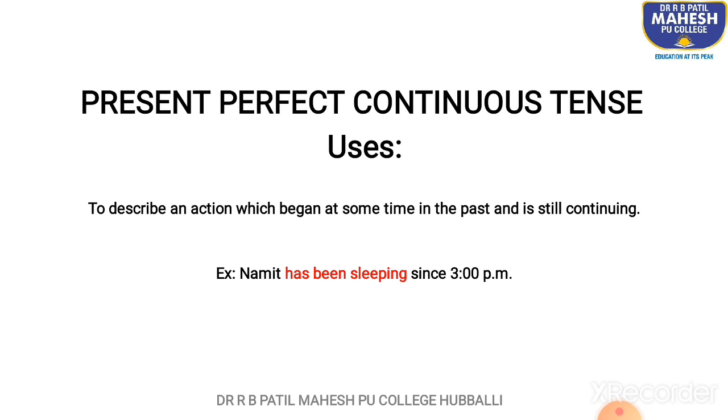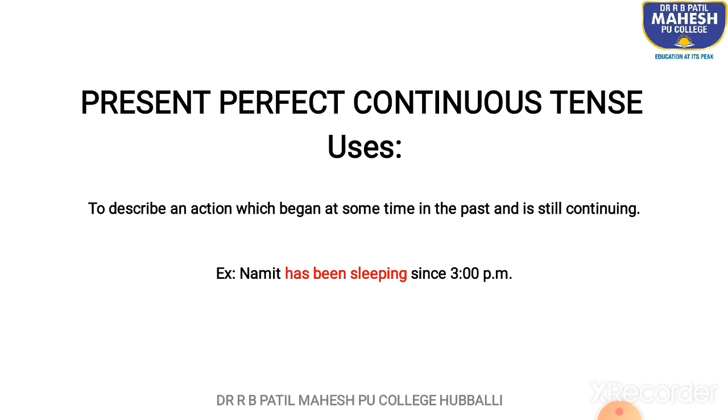One thing has to be kept in mind when we are talking about present perfect continuous tense: we have to use has or have again, according to the subject, then been, B-E-E-N, because we are using the continuous tense, and the present participle, as I told you.